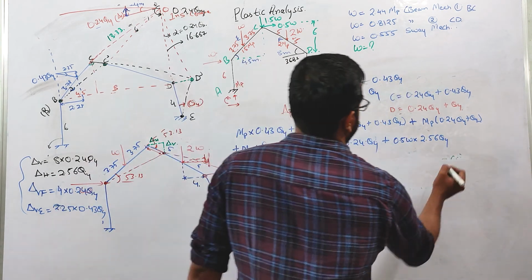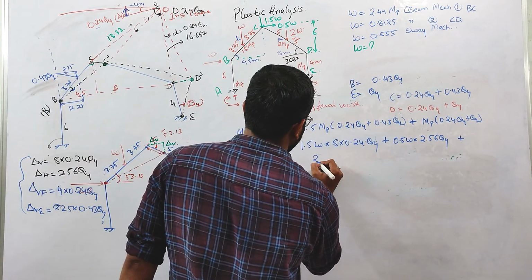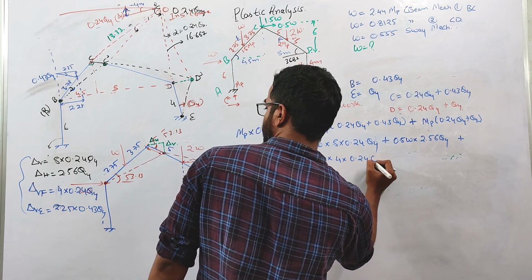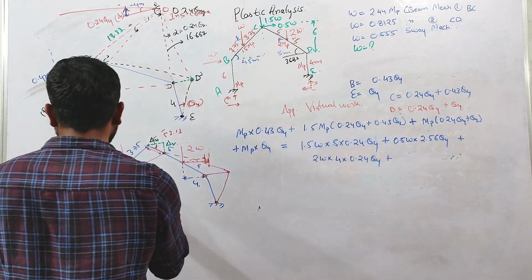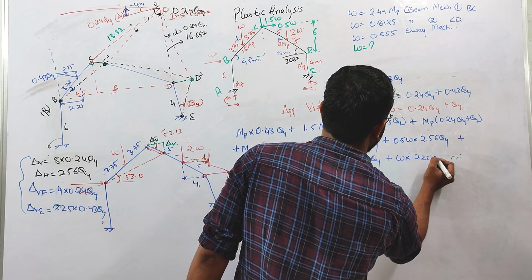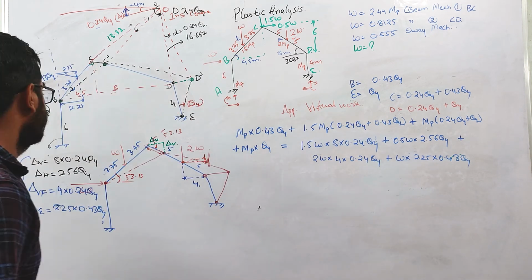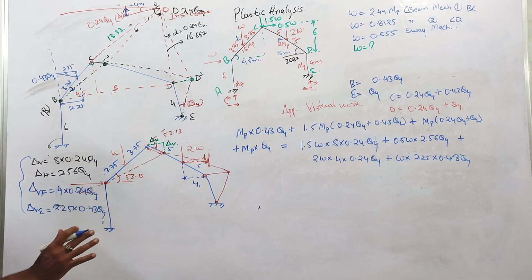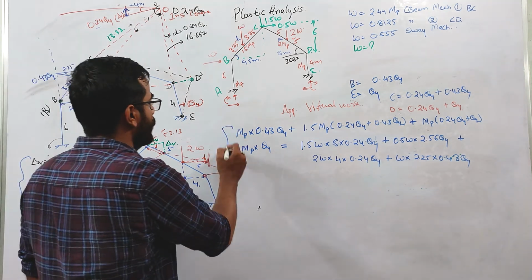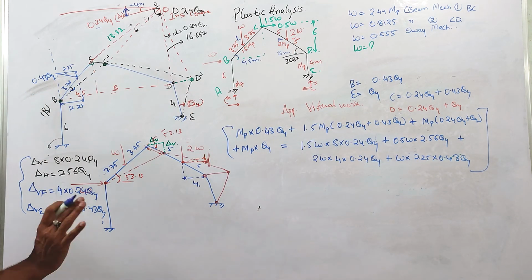Plus again at this F point, 2 W into 4 into 0.24 theta 4, plus at this E point, W into 2.25 into 0.43 theta 4. Due to this load W, there will be no work done because this joint is not moving in a horizontal direction. This is a very important thing to understand, how we derive this expression.